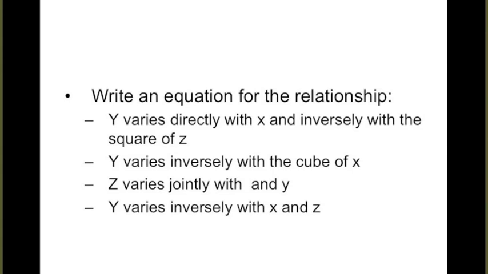All right, go ahead and try this set. So the first one says y varies, so we start out y equals. Directly tells us a multiplication with x. Inversely tells us a division with the square of z, so z squared. Next one, y varies, so y equals.